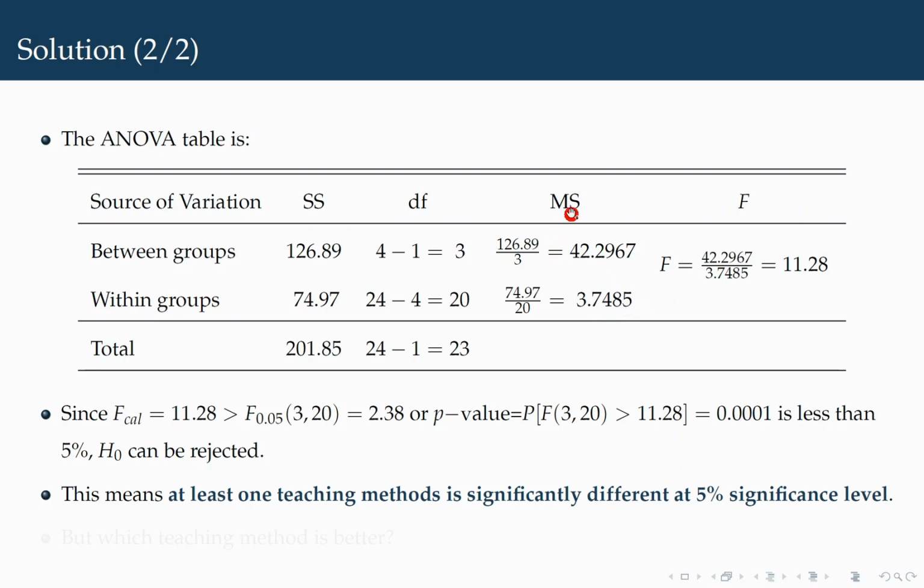Once we obtain the between mean square and within mean square, we can easily obtain the calculated value of the test statistic, which is the between mean square 42.2967 divided by the within mean square, 3.7485. So it becomes 11.28. So this is the analysis of variance table, or the ANOVA table.